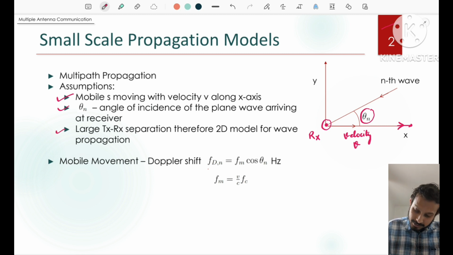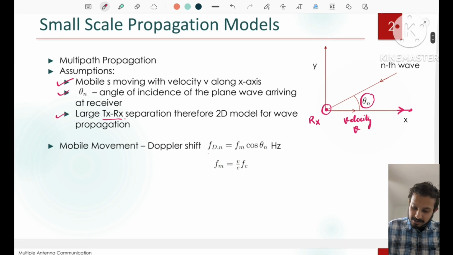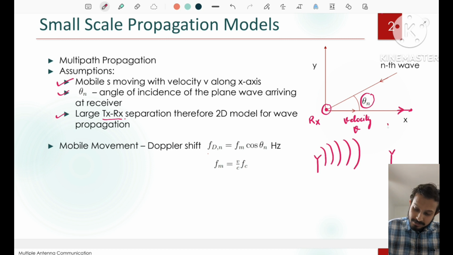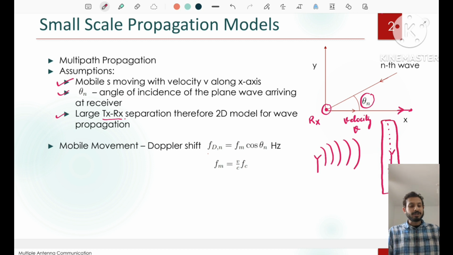And also we assume that there is a large separation distance between the transmitter and the receiver. Why are we assuming this? Because when an EM wave propagates from the transmitter, due to the large separation distance, what arrives at the receiver is a plane wave. And because of this, it helps us to understand the 2D propagation model.